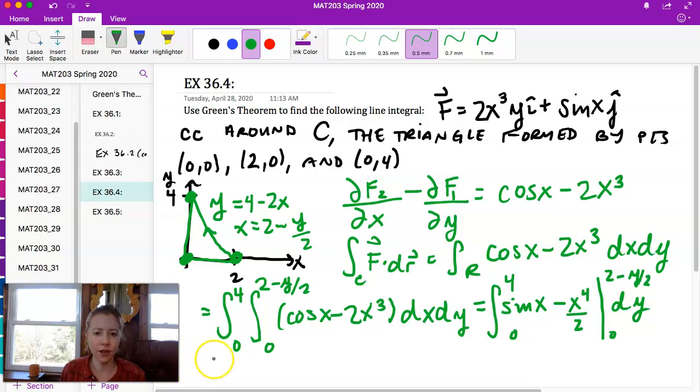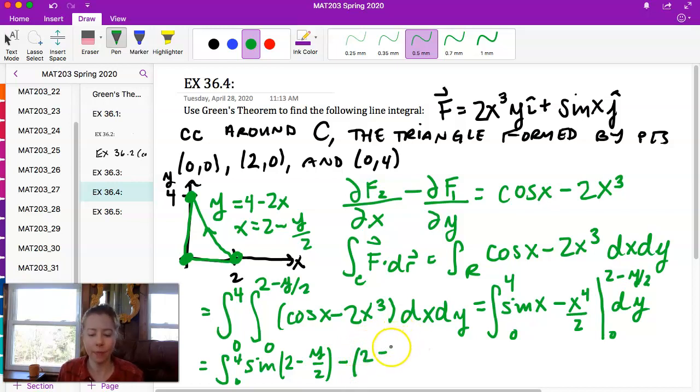And so this is going to give us the integral from 0 to 4 of sine of 2 minus y over 2 minus 2 minus y to the 4th over 2 dy. So we're going to have to do a u sub in here.